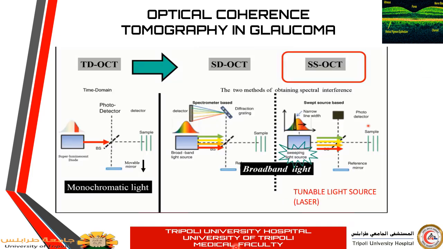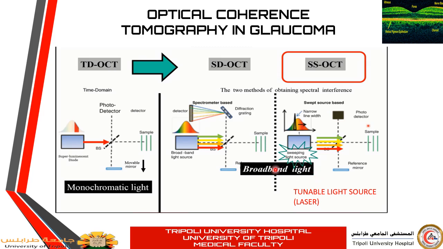In the swept source OCT, it is the same as the spectral domain OCT, but we use a special broadband light with a tunable light source, that's a laser, that emits light with different wavelengths from the beginning, unlike the spectral domain, where it is split later on.